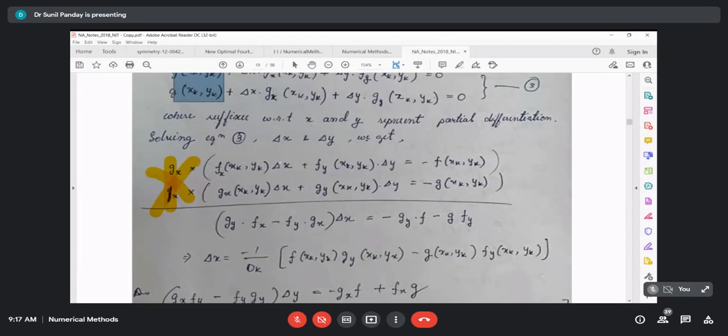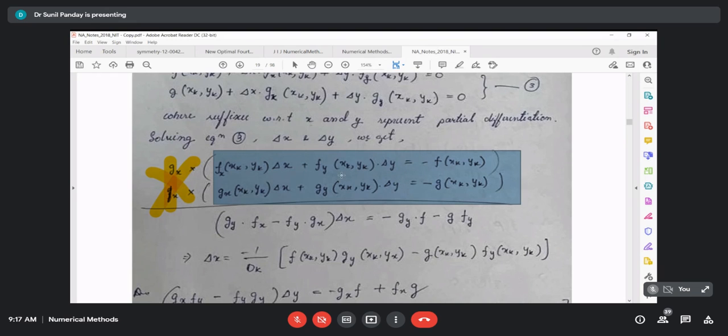Now you can see these are two equations in two variables, delta x and delta y, and they are linear equations. Delta x is in one power, delta y in one power. So here we have two equations in two unknowns, delta x and delta y.